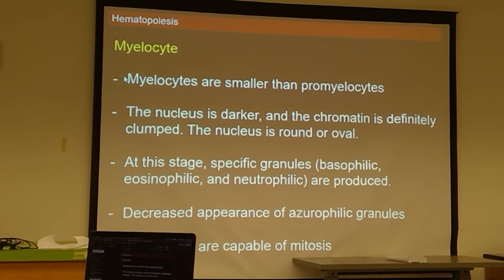And we'll also start to see evidence of a Golgi ghost next to that flat side. So myelocyte, look for eccentric nucleus, flat side on the nucleus for the Golgi ghost. These cells can also undergo mitosis, and this is the last cell in line that can do that.